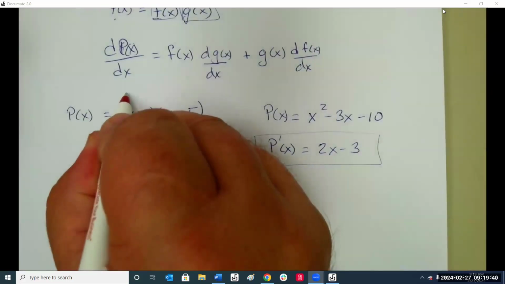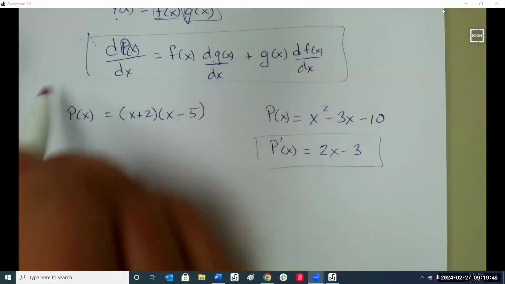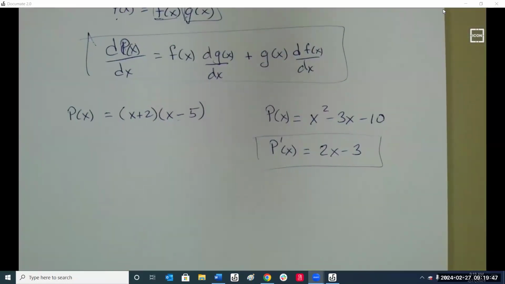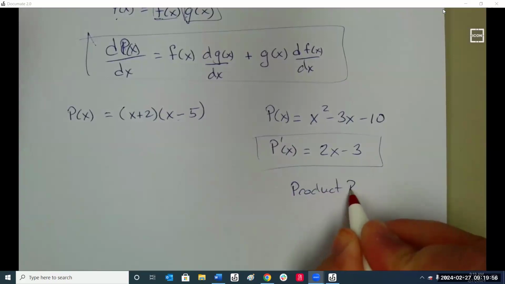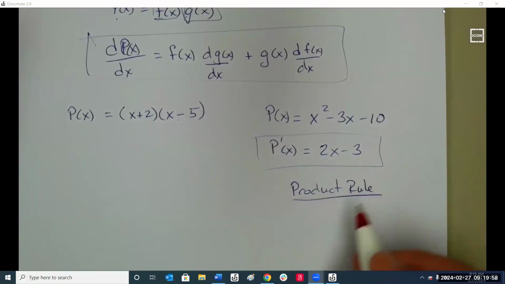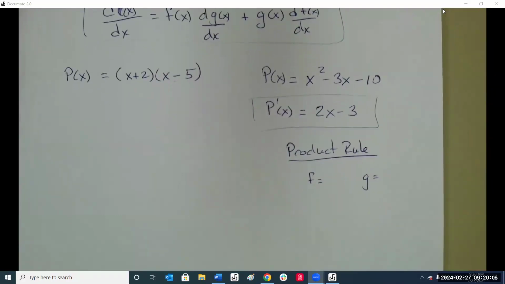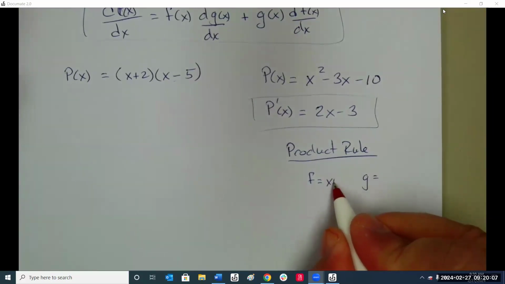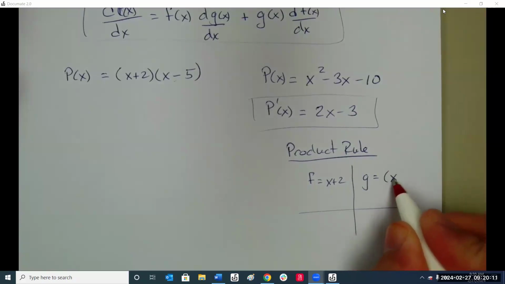So instead of memorizing these rules with the product and quotient rule, I'm going to show you something that's much easier to memorize. You have your original functions f of x and g of x. So it's x plus 2 and then x minus 5.